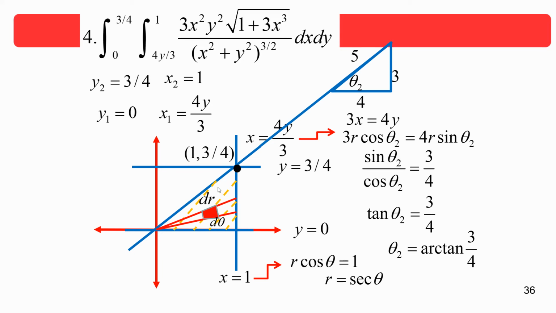Now, for the angle, it's from 0 up to, we don't know what this angle is. But what we know is that this line has the equation y equals 3/4 x, or x equals 4y over 3. When we crisscross, 3x becomes equal to 4y.